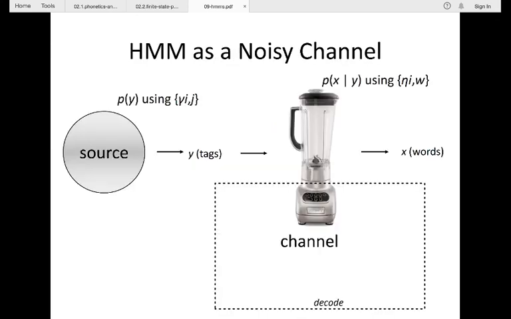So HMMs work like the noisy channel model. And what doesn't work like the noisy channel model? Yes? It's just a single state in an HMM. You have a single start state and a single final state. Right, right.